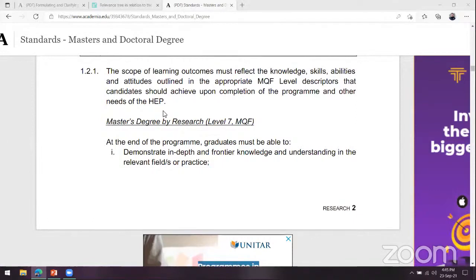I think this is just some sharing, not totally 100% true, but something from Malaysia that I can share in order to kickstart my talk. Master degree by research is level 7 under the MQF framework.